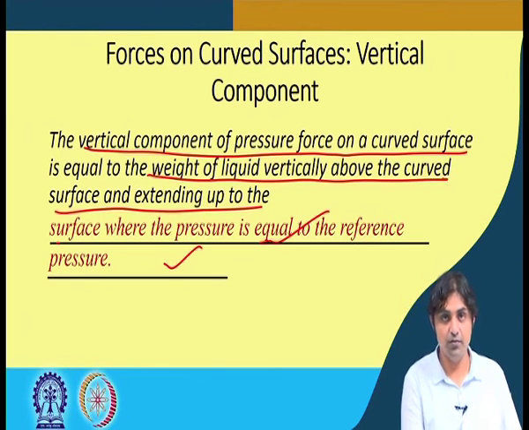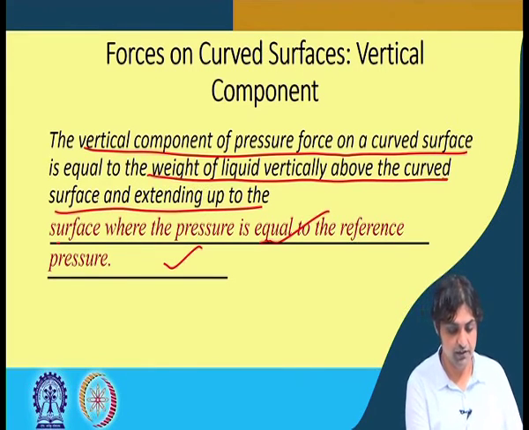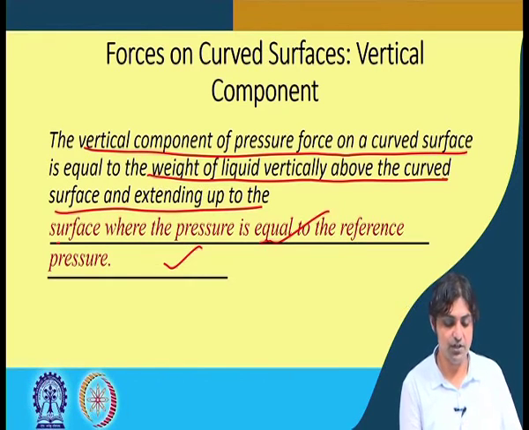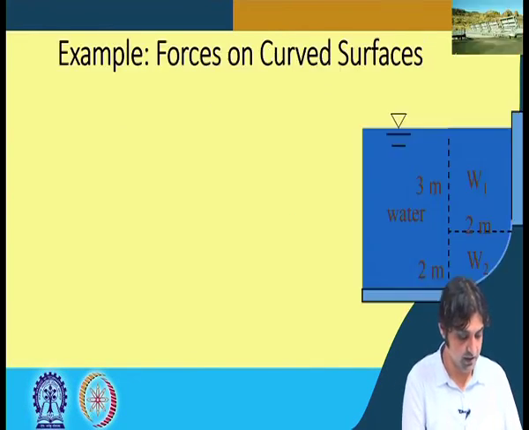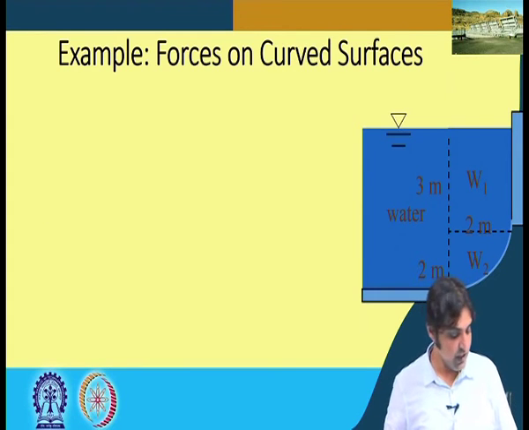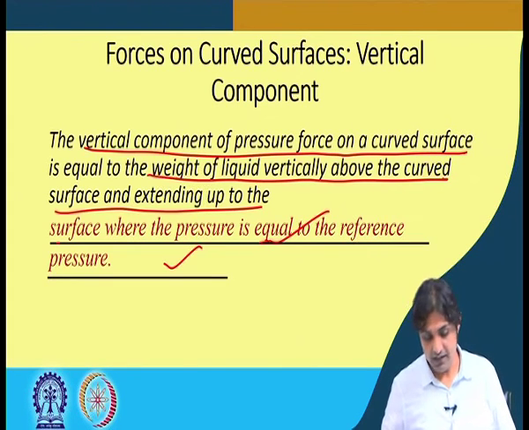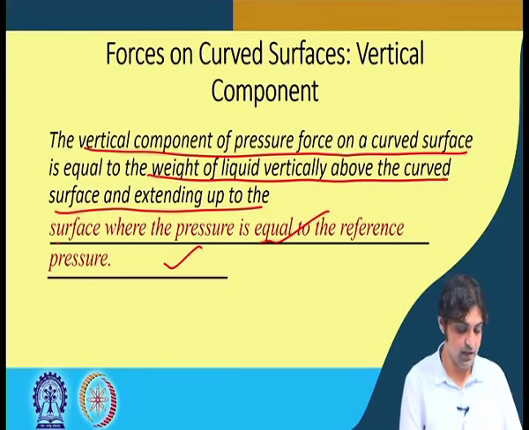So the vertical component of the pressure force on a curved surface is equal to the weight of the liquid vertically above the curved surface, extending up to the surface where pressure is equal to the reference pressure. So that means up to the free surface in our case. Okay, so we will understand this particular part using a solved example. This is pretty simple to understand.